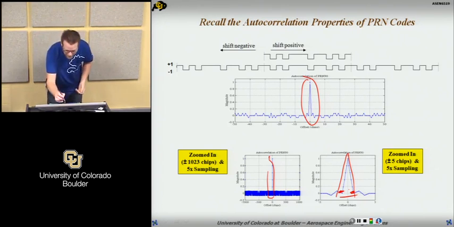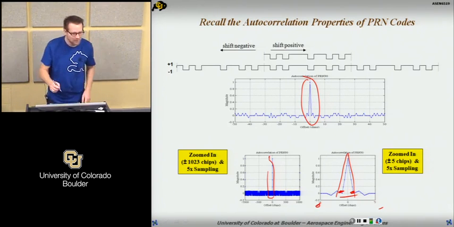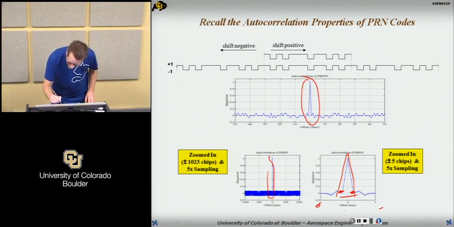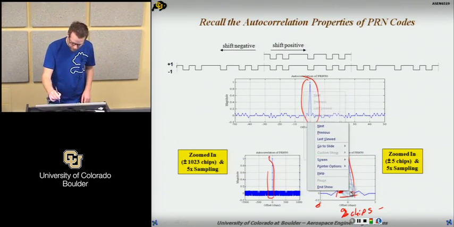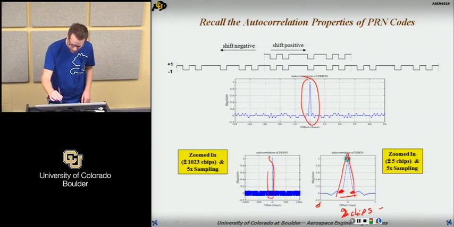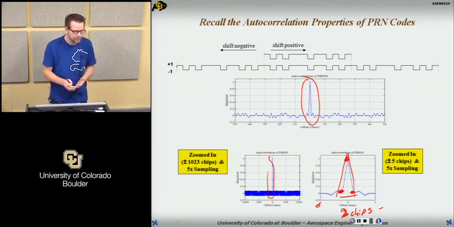If you look at the x-axis, actually 2 chips. So it's 2 chips wide. Meaning that if we are perfect in our guesses, we're going to end up at the top, right? But since we don't know when it starts, we could end up somewhere else, which is why we need more correlators.